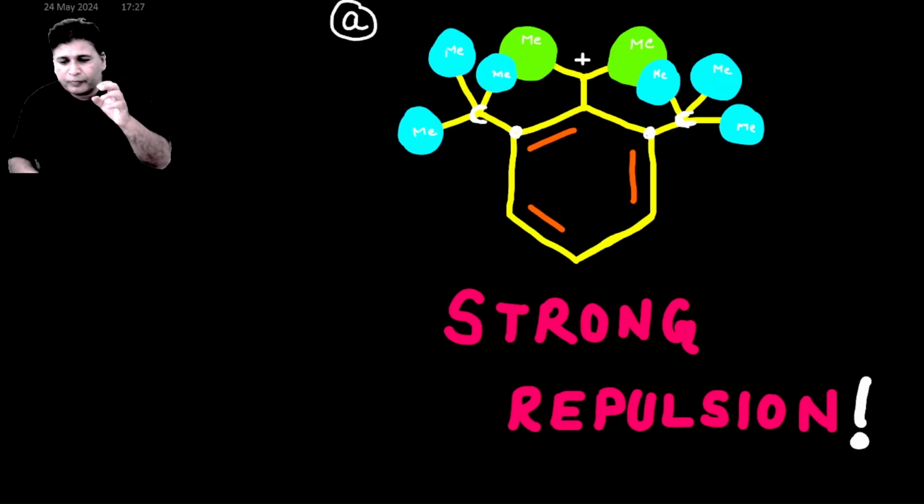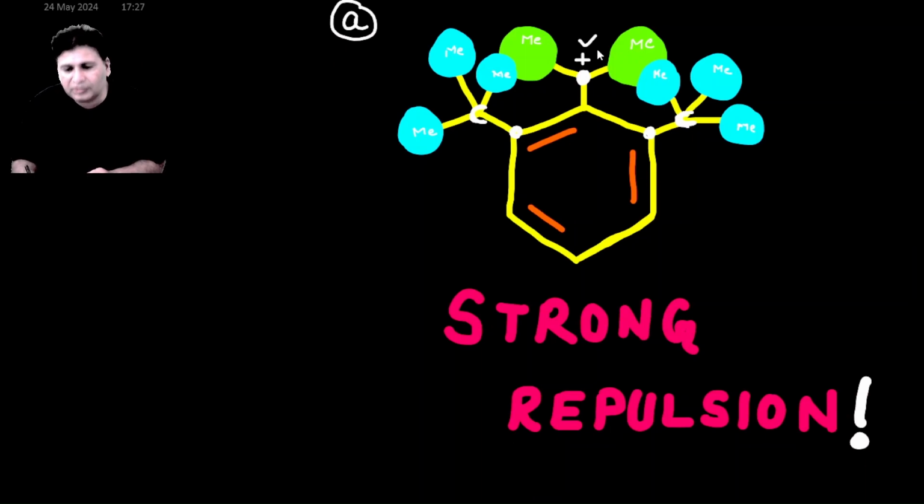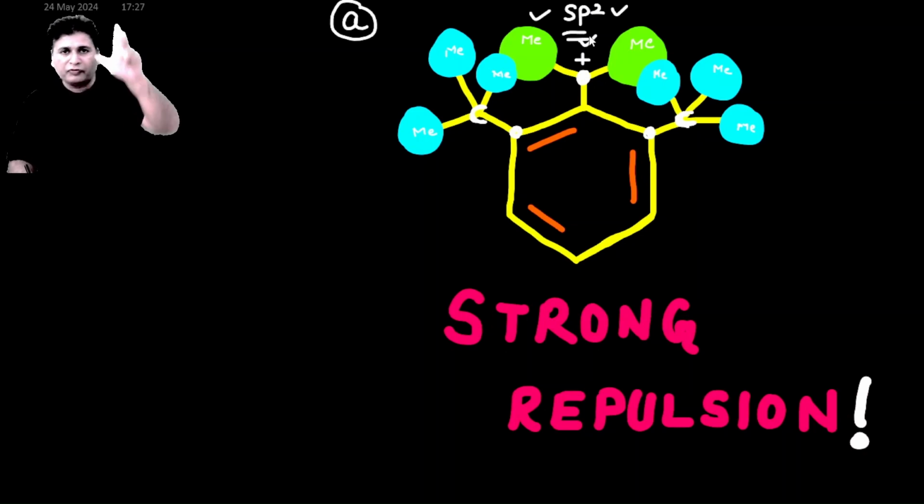First let us see where the plus charge is. This is the carbon where the plus charge is, and this carbon is directly attached to 2 methyl groups, and you know that the carbocationic carbon is sp2 hybridized, so it's flat.